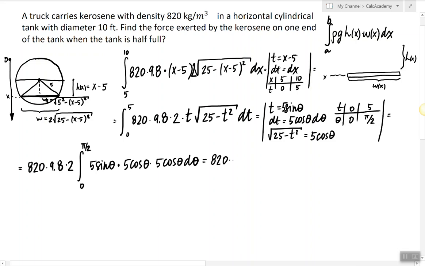So we get 820 times 9.8 times 2 times 5 cubed, integral from 0 to pi over 2 of sine theta cosine squared theta d theta.